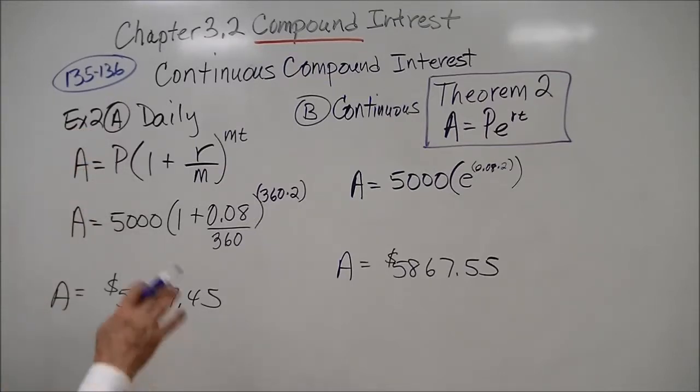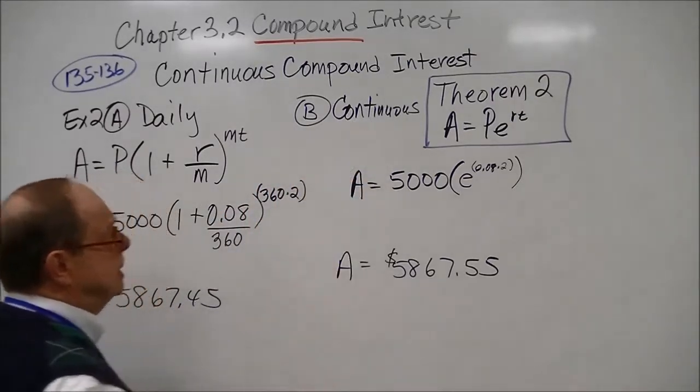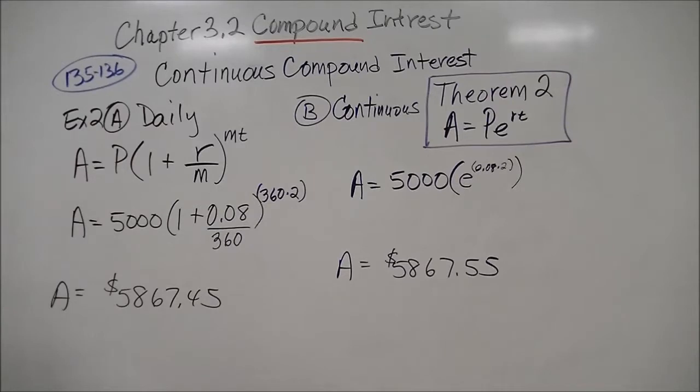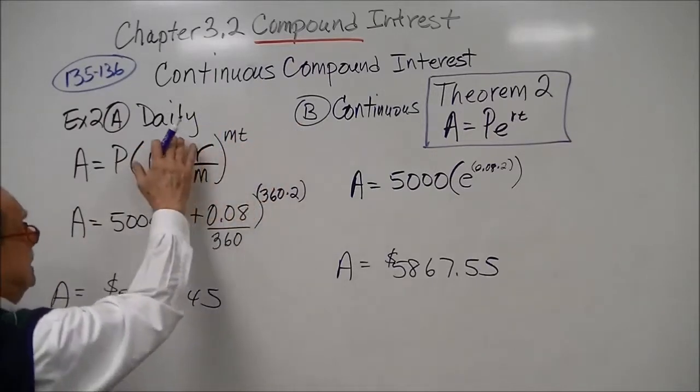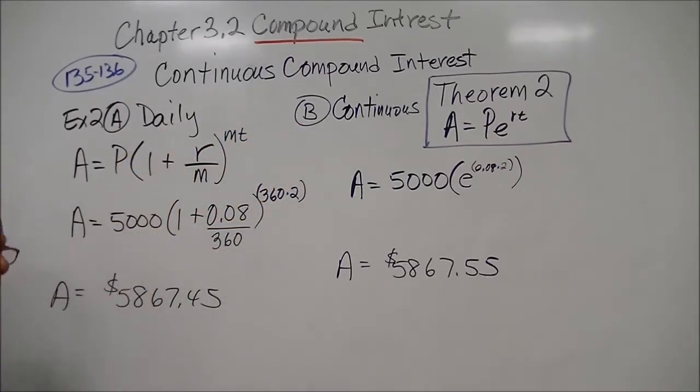But before we do this example, let's just spend a little bit of time on what does continuous mean. Well, suppose you took your compound interest daily. How about if you did it hourly? How about if you did it every second and milliseconds?